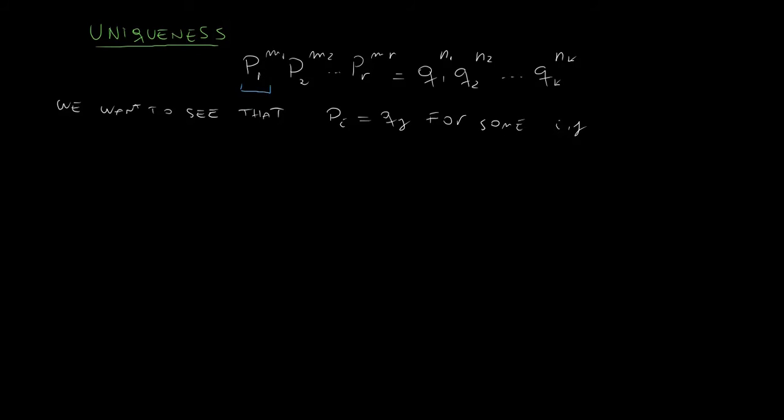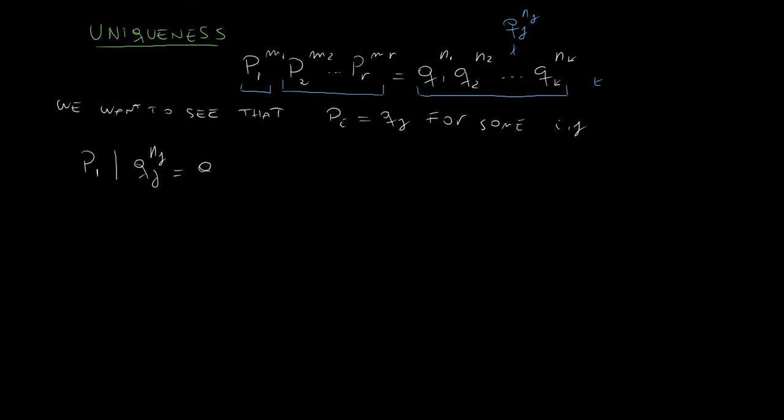We have that p1 to the power m1 multiplied by this big number is equal to this. So what we get is that p1 divides this number. Then, as p1 is prime, p1 must divide one of these, as we saw earlier in this video. So there exists, let's call it qj to the power nj, and p1 must divide it. So p1 divides qj to the power nj.